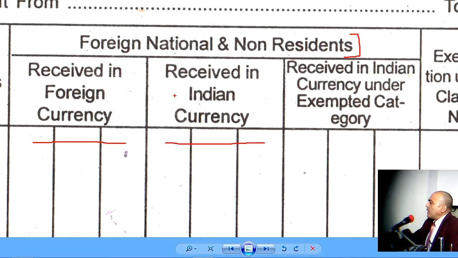So, under what circumstances a foreigner is allowed to pay in Indian currency, that we also must understand. There are two situations when a foreigner can pay to us in Indian currency.